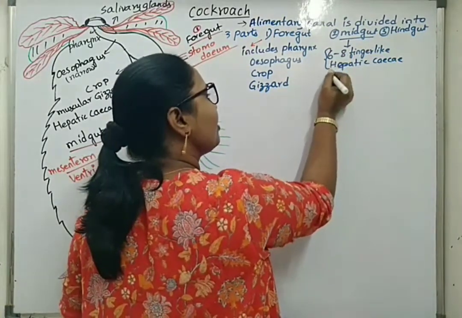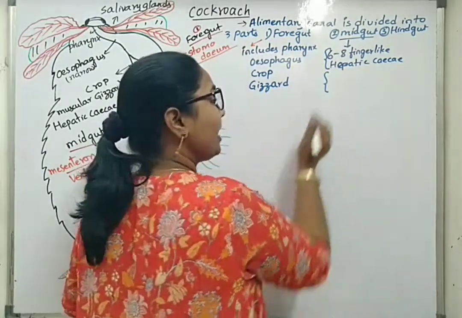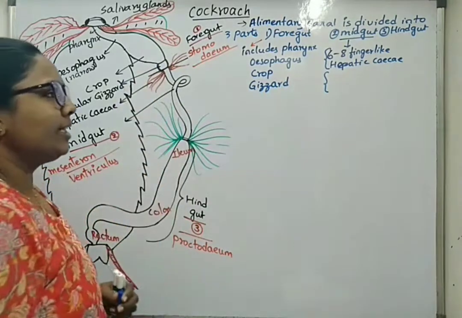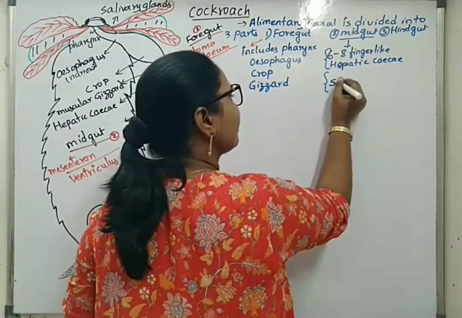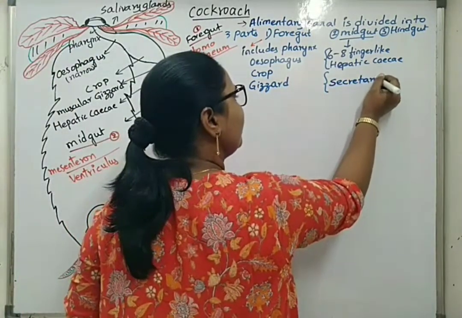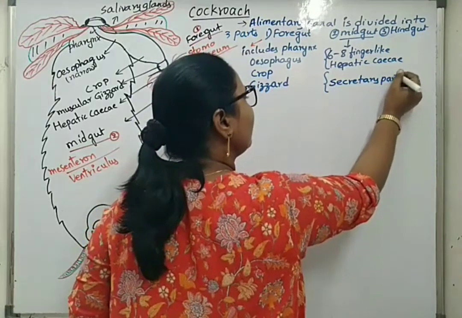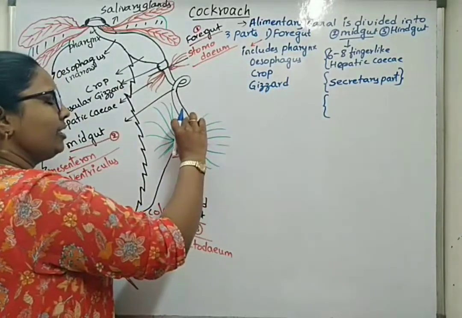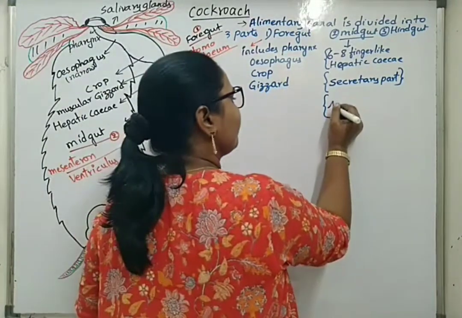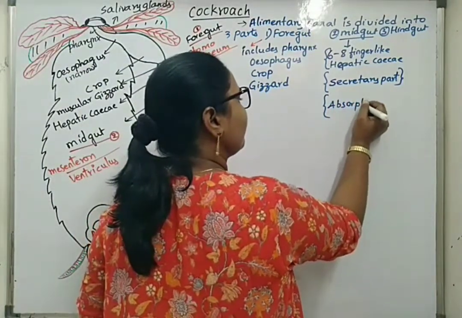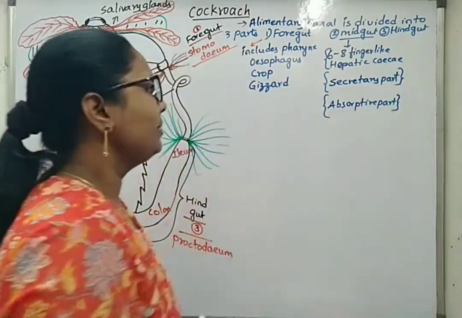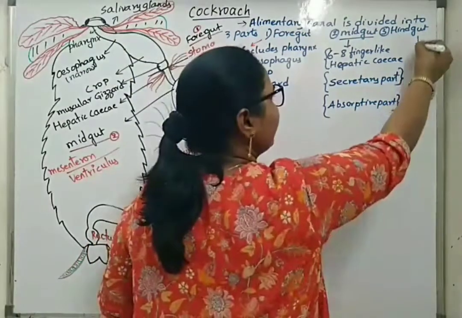and next, also a secretory part at the anterior region, means at the initial region it is having secretory glands. Next, at the posterior region, an absorptive part. Next, coming to hindgut.